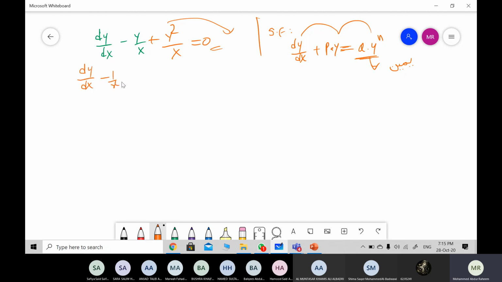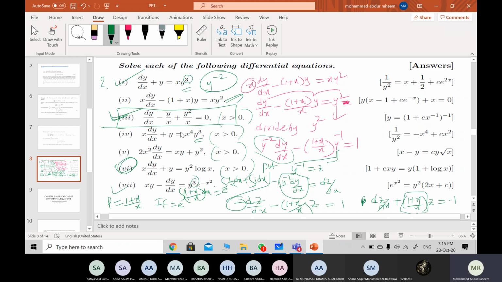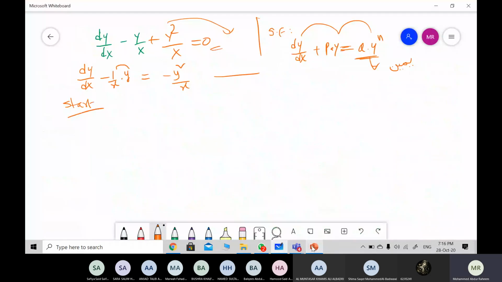dy by dx, this means like this. y over x means like this, 1 into minus y over x. Yes, start please. Understand? This of course is easy, just divide by y square.